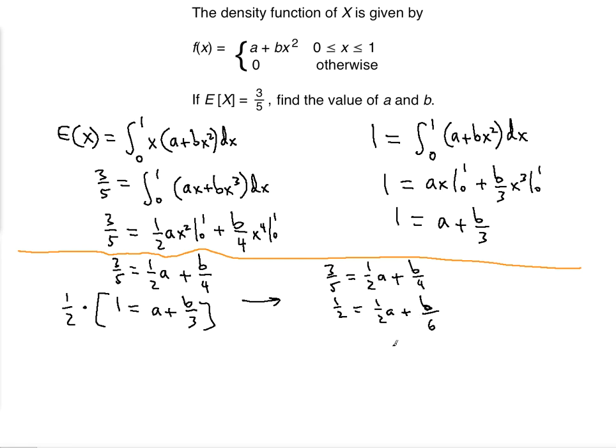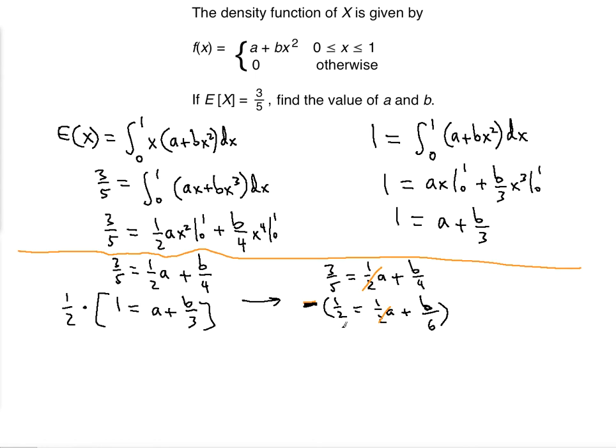So b over 6. Now what will happen if we subtract the second equation from the first? We will have eliminated the 1/2 a.